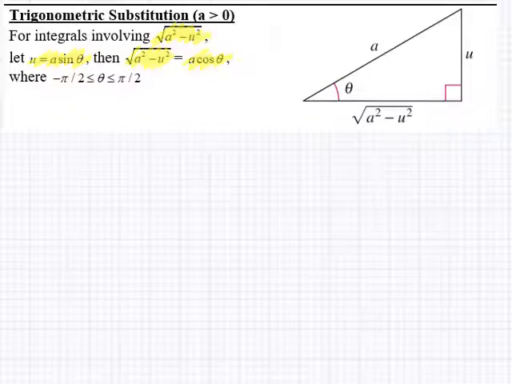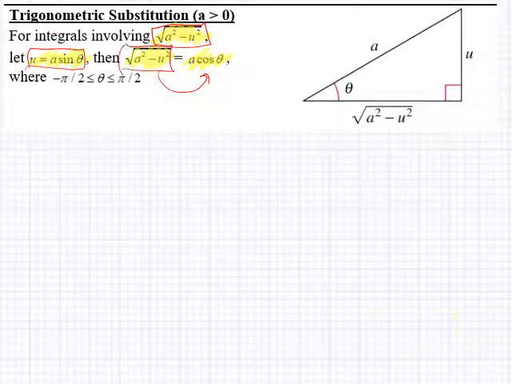What we're going to do is take algebraic expressions out of the integral. This is an algebraic expression, and we're going to replace it with a trigonometric expression. Now, how does that work? Why does it work that if we let u equal a sine theta, the square root of a squared minus u squared equals a cosine theta? I'll show you two reasons why it works.